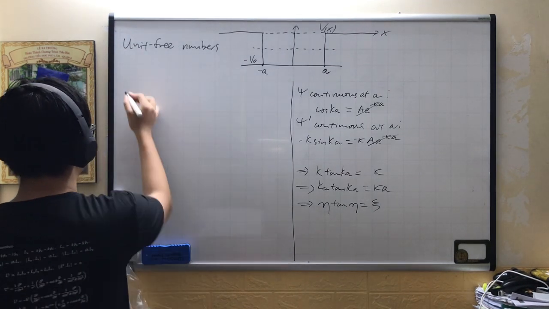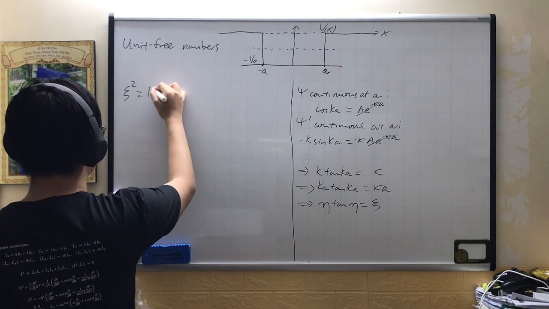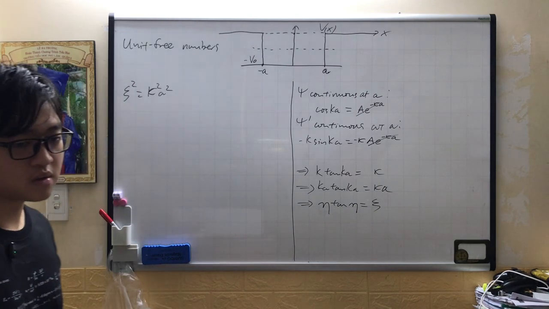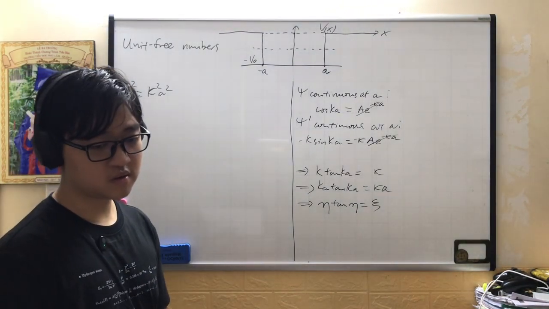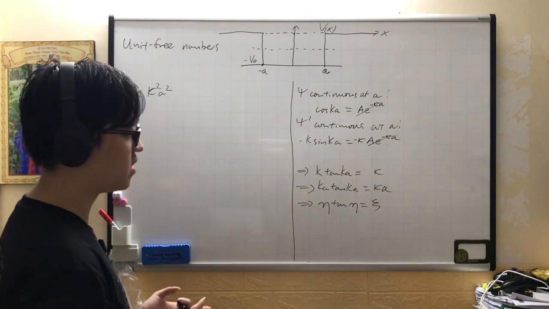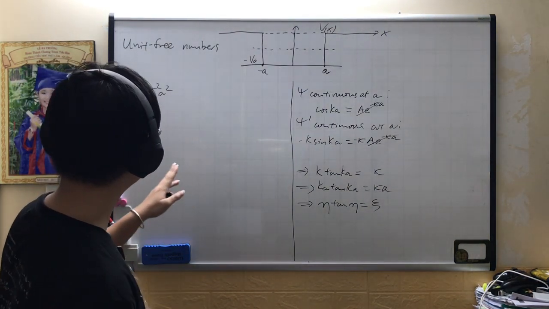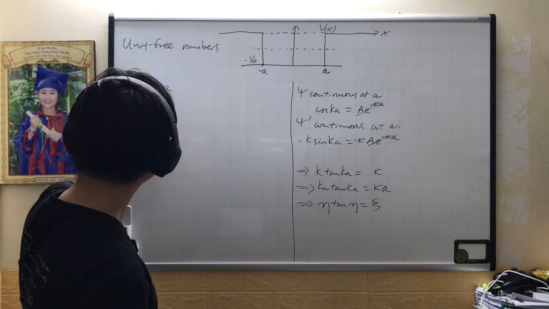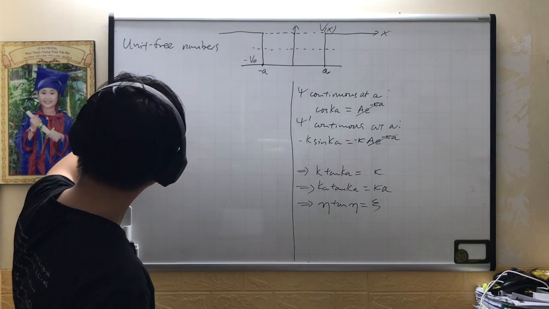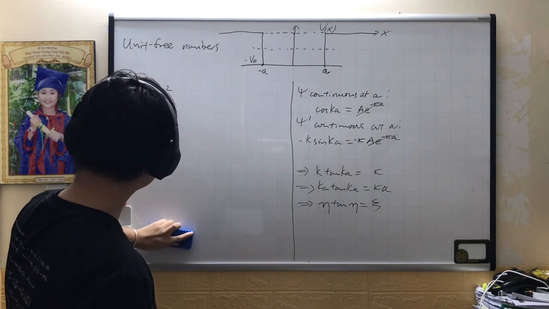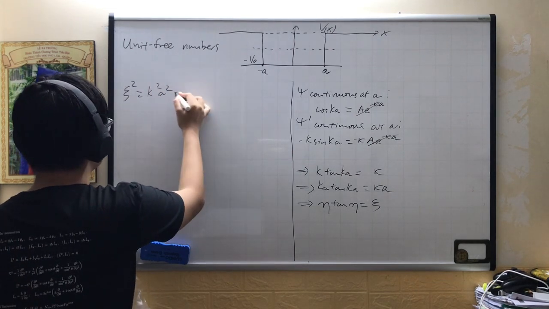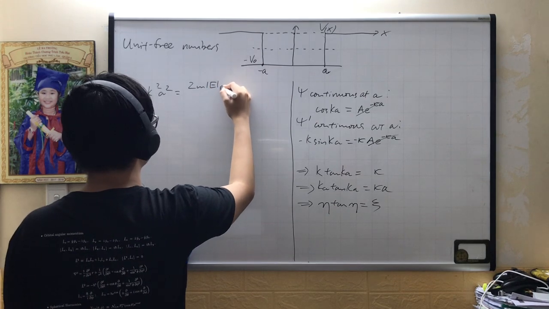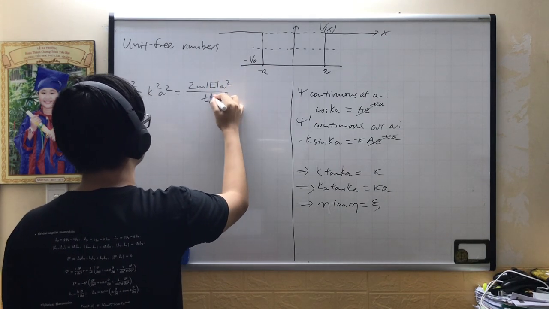So psi squared is kappa squared A squared. From that to this, you can turn this into your K squared instead. That would equal 2m E A squared over h bar squared.